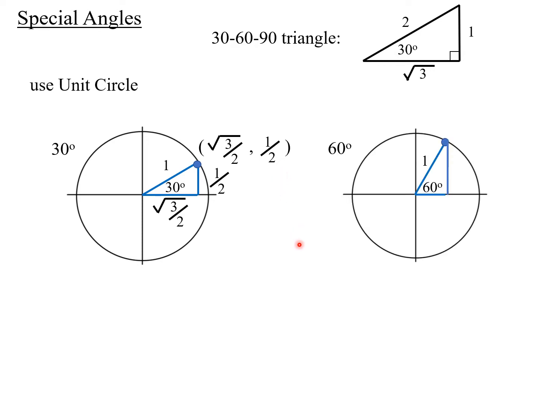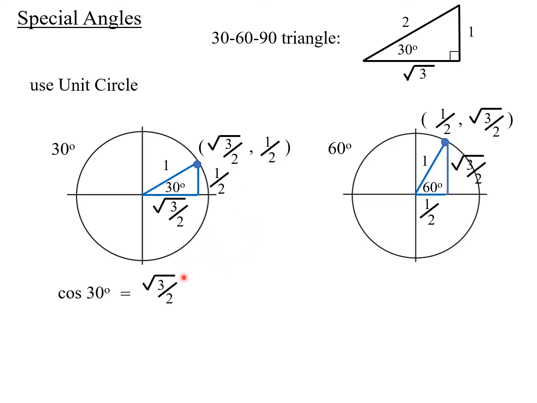Applying this same thing to a 30, 60, 90, where this angle is now 60, a hypotenuse of 1 makes the short leg 1/2 and the long leg √3/2 once again. And so the point on the circle is (1/2, √3/2) as an ordered pair. Now remember that the cosine of an angle is the x-coordinate of the point on the unit circle, and the sine is the y-coordinate.